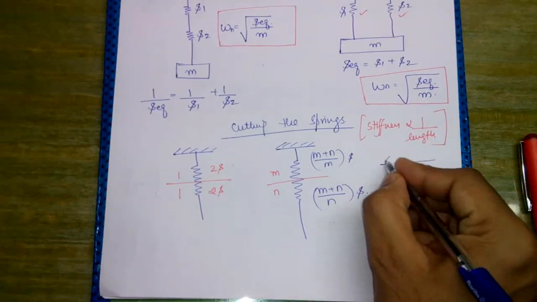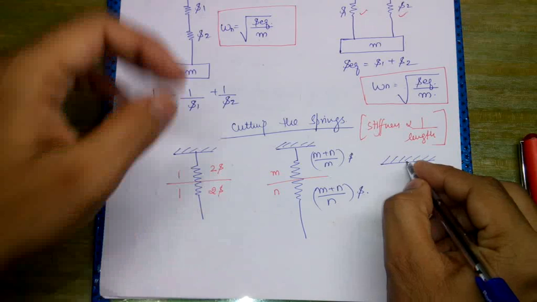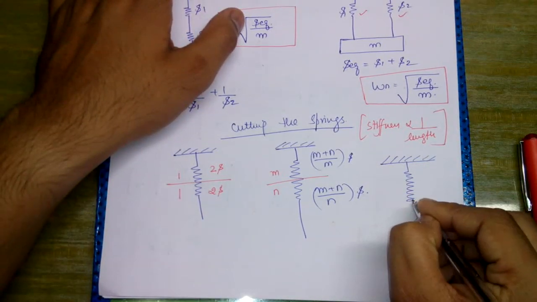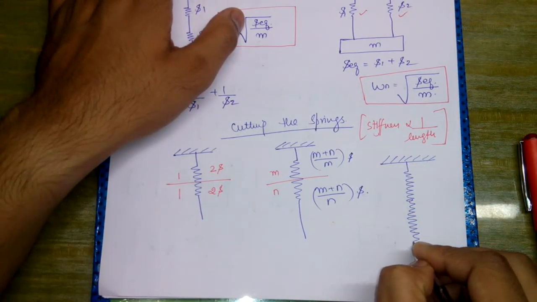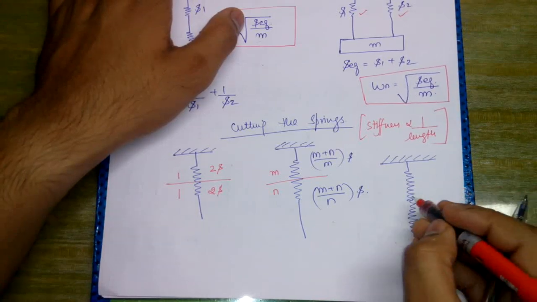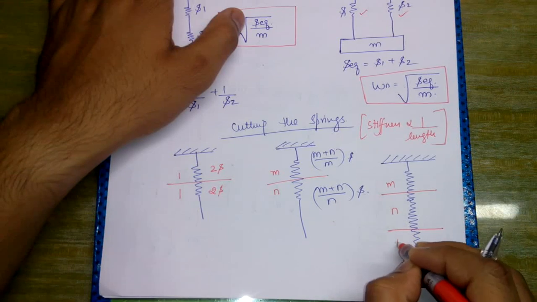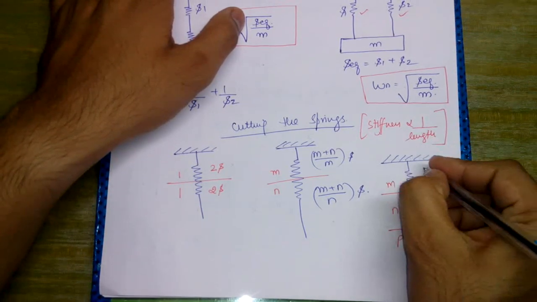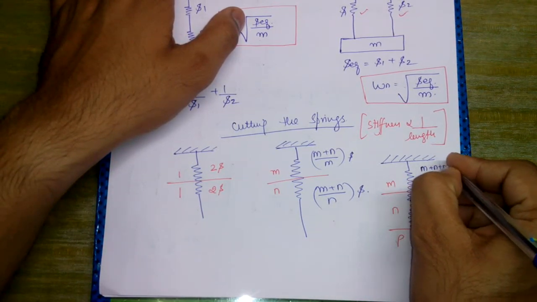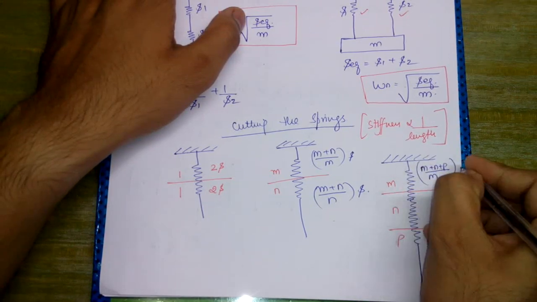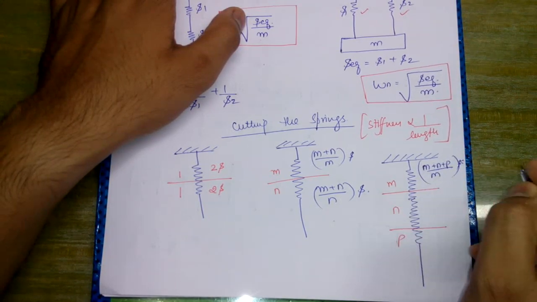Now say for example we have a spring. Okay, we have trisected it into three parts such that this is m, n and this part is p. The stiffness of this part would be (m plus n plus p) upon m into s.